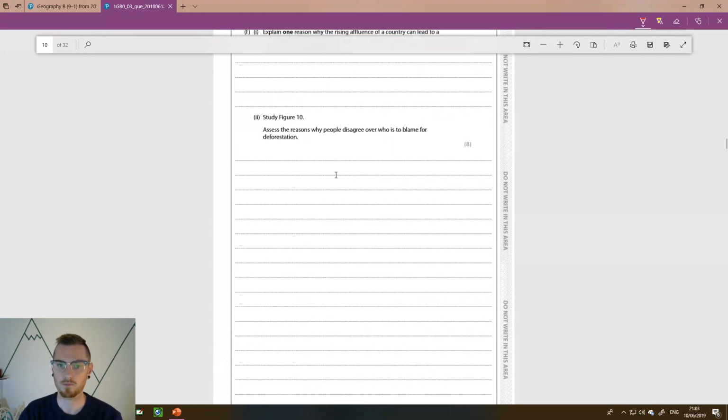Let's have a look at another one. Second 8 marker in section C. Again, underline the command word. Assess the reason why people disagree over who is to blame for deforestation. I'd say the key geographical phrase here is who is to blame for deforestation. So at the end of my 3 points, I'm going to link back to that phrase. I'm going to use that phrase in that link. I'm going to say how important the point is in relation to that phrase.